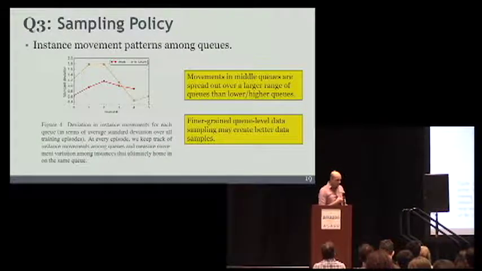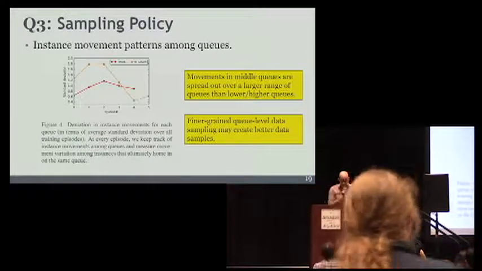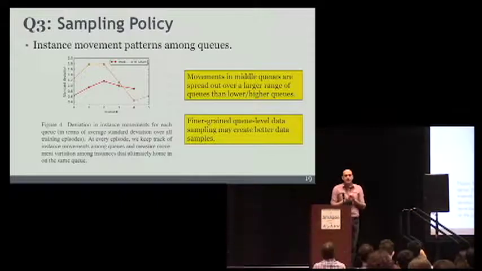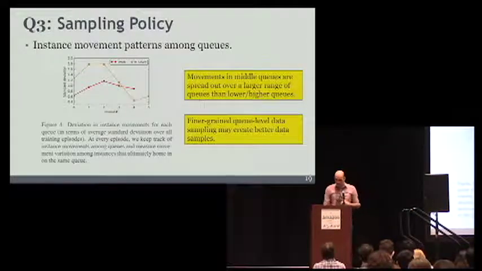All right, in terms of the sampling policy, the question was how can we improve this sampling technique, right? For this experiment, we took all the instances that home in on the same queue at the end of this training process. We computed the deviation that exists in their movement patterns.